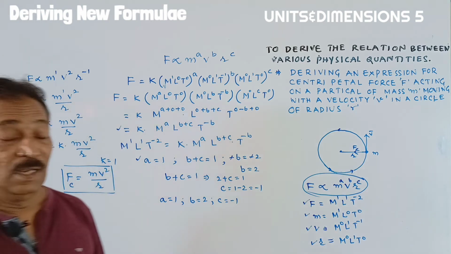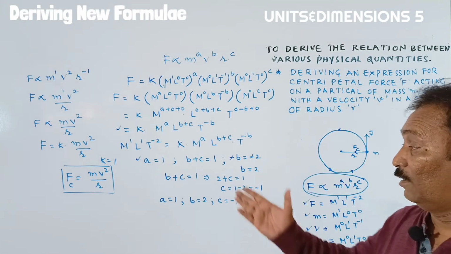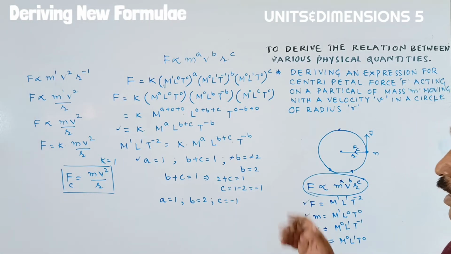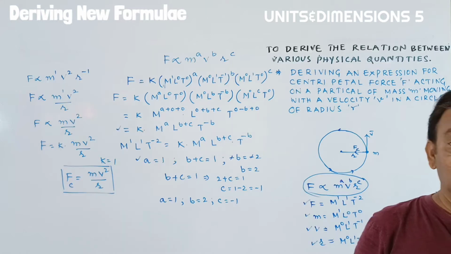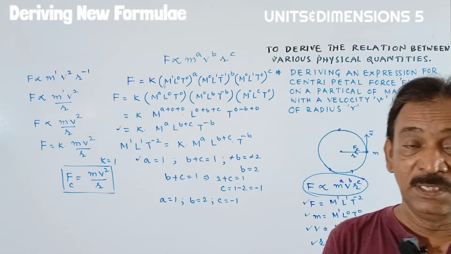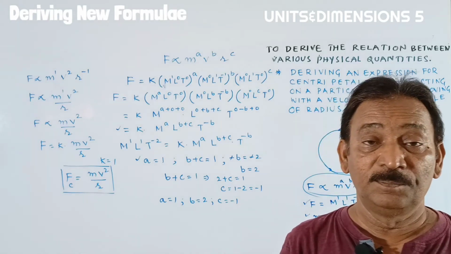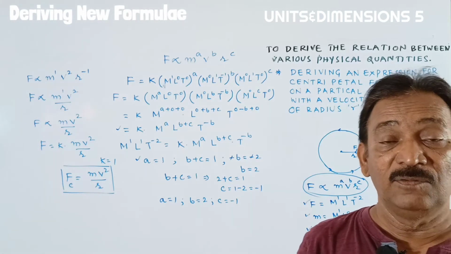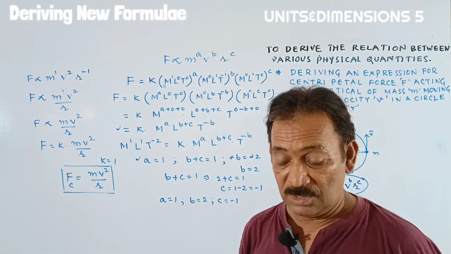Okay, in this way you can derive a formula by using dimensional analysis. It is one of the applications of dimensional analysis. If you know the physical quantities which are involved in any formula, then you can derive the formula easily.